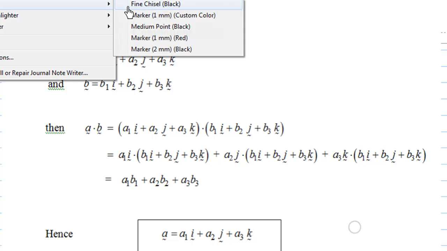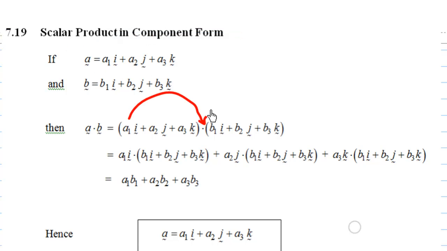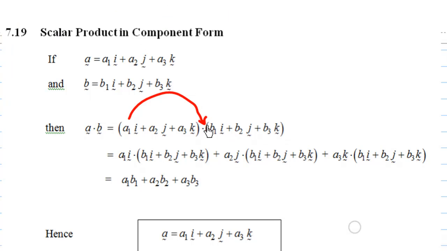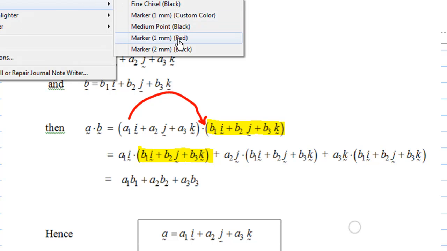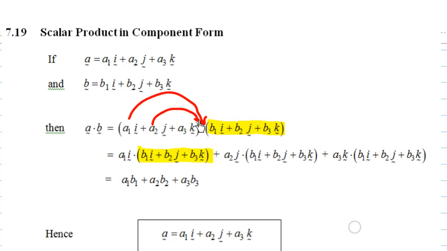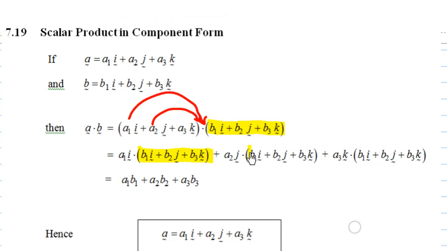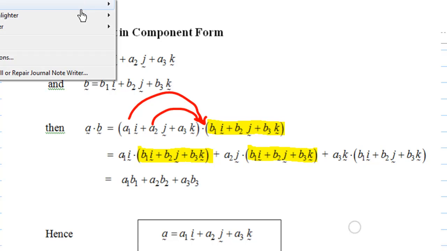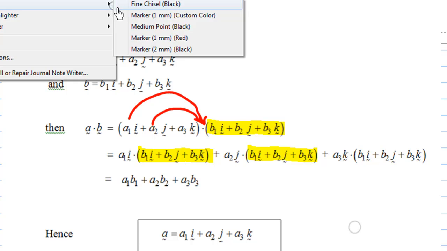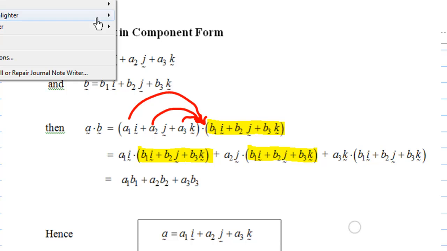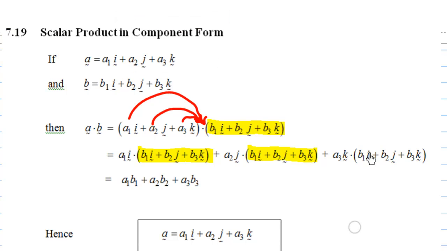That means we can take A1 i dot with B1 i, B2 j, B3 k, and A2 j dot with B1 i, B2 j, B3 k, and A3 k dot with B1 i, B2 j, B3 k. So this is actually the distributive law.